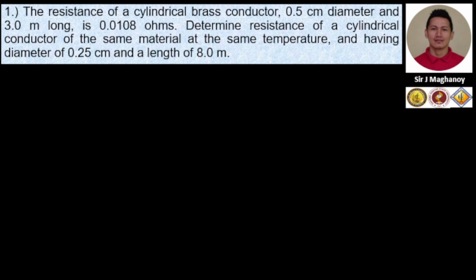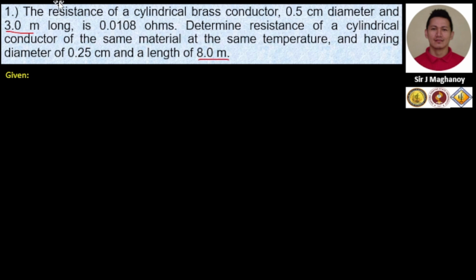Okay, in solving this type of problem, our first step is to compare the given. Based on the statement of the problem, we have two different conductors: a conductor 3 meters long and a conductor 8 meters long. So, to start with, we need to summarize our given so we can determine our unknown.